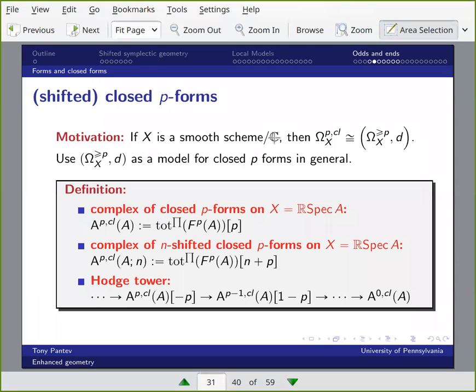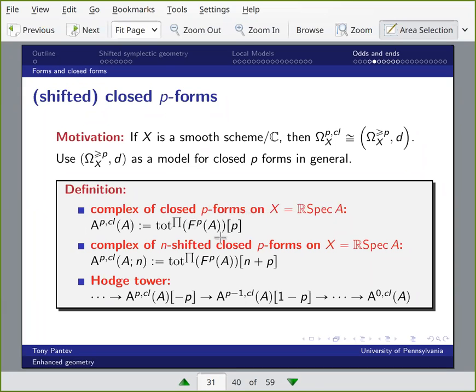And so when you're dealing with these fuzzy guys, the stacky or derived spaces, that's the model that actually makes intrinsic sense, the stupidly truncated de Rham complex. So if you have Kähler differentials on a derived space, then you can take the de Rham complex, so take wedge powers of Kähler differentials and the de Rham differential, but now this is a double complex.